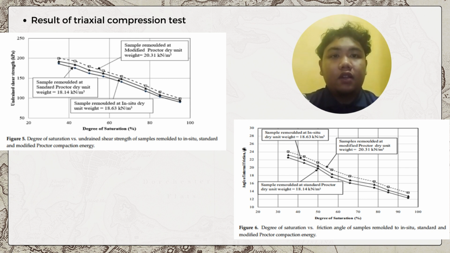However, the cohesion decreased about 51% as the degree of saturation increased from 35% to 95%. The friction angle improved approximately with the increase in the dry unit weight at the specific degree of saturation, although the friction angle is reduced by about 41% as the degree of saturation is increased from 35% to 95%.